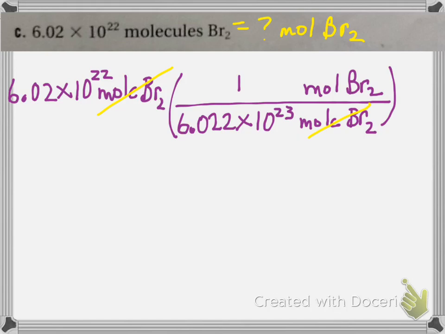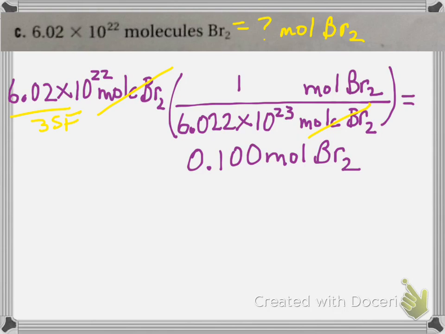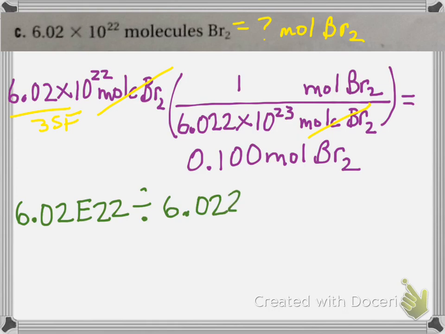Molecules are crossing out. And 6.02 has 3 sig figs, so my answer should have 3 significant figures. So you should end up with 0.100 moles of bromine. Again, to put that in your calculator, you're going to do 6.02 E22 divided by 6.022 E23.